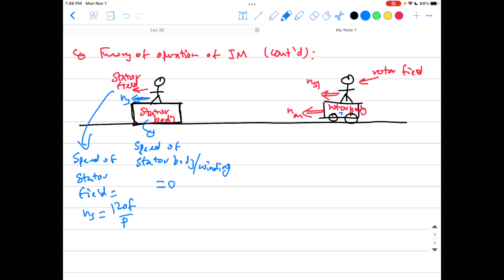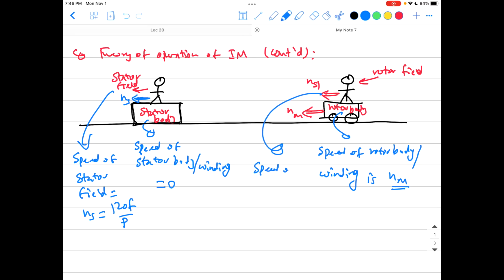So the speed of the rotor body, which is the same speed as the rotor winding, because again the winding is just a part of the body, is the mechanical speed, Nm. It's not 0 like the stator, because that's the rotor, which is rotating. And now the speed of the rotor field is the thing I'm going to talk to you about.